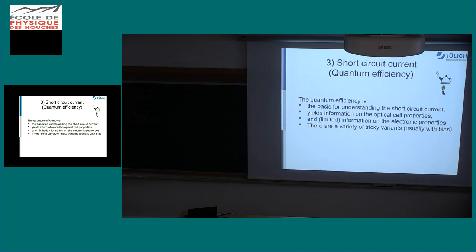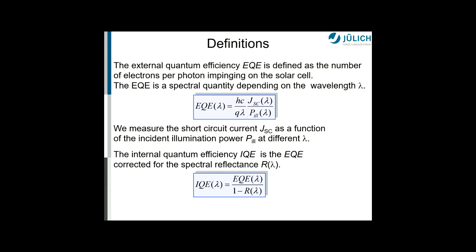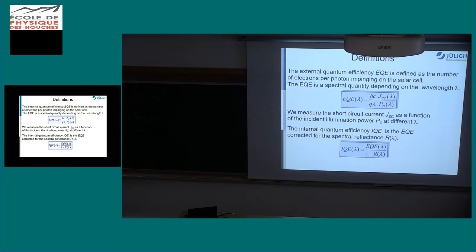Anyway, okay. So what is the external quantum efficiency? The spectral quantity again, like the absorptance, is something between 0 and 1, and is defined just as the number of electrons or electron hole pairs that you measure at the terminal of your device per incident photon.